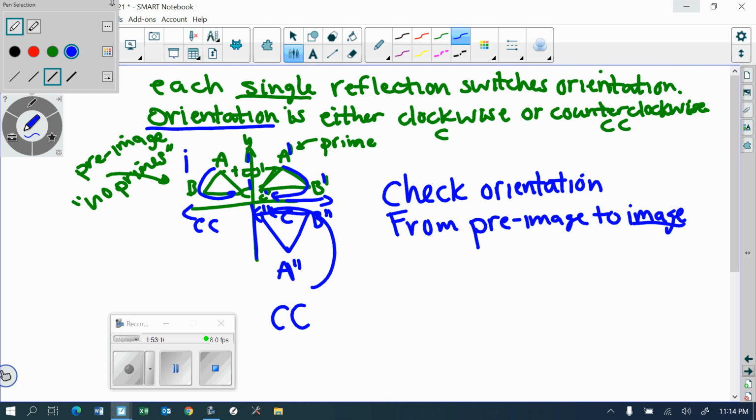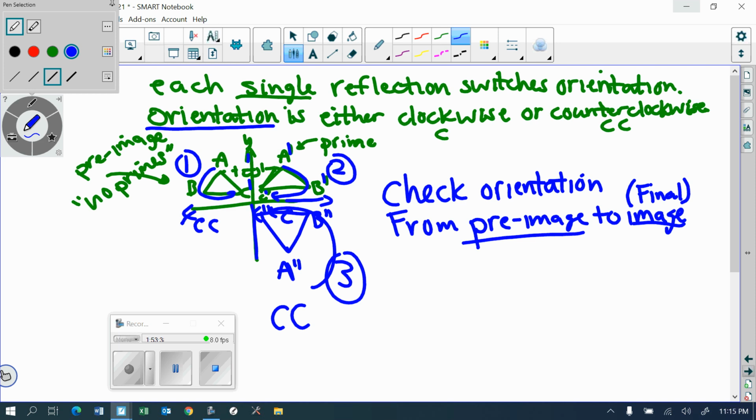So this was the first, this was the second, and this was the third. So I'm comparing 1 and 3, the first and the last. Check orientation from the preimage to the image. Okay, final image, if you want to call it, because there could be more than one. Like the second one there, we have 1, 2, and 3. So in this one, I'd be checking 1 and 3.